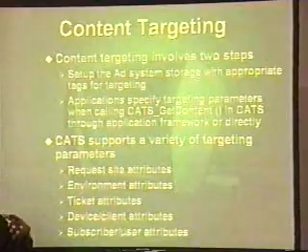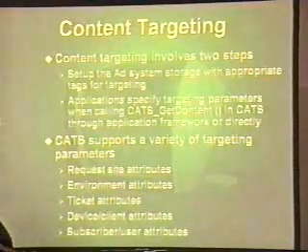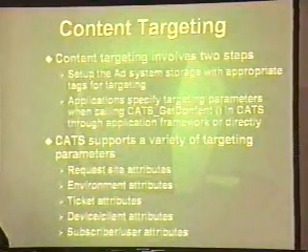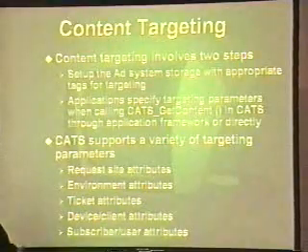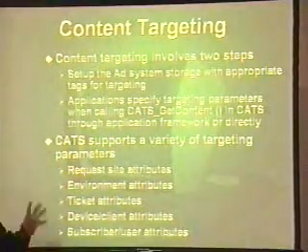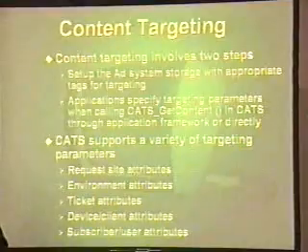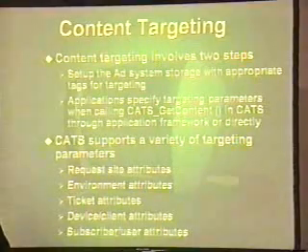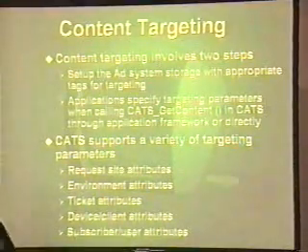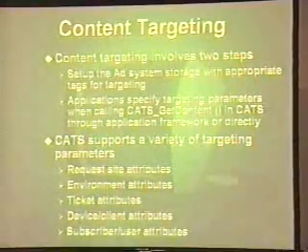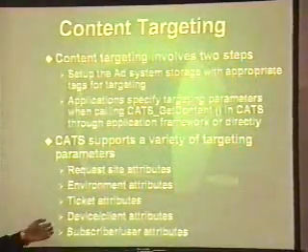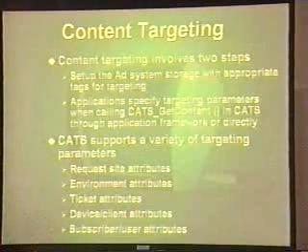So the ad sales team typically has to tag the different content with the appropriate tags. And then applications must specify those tag names to cache when they are selecting. So there should be a synchronization of the tag names that are used in the ad storage and what the application specifies.